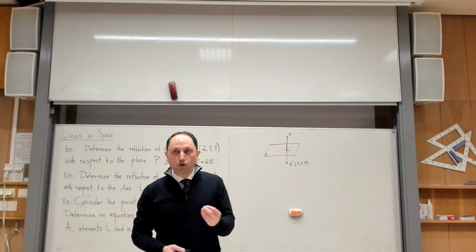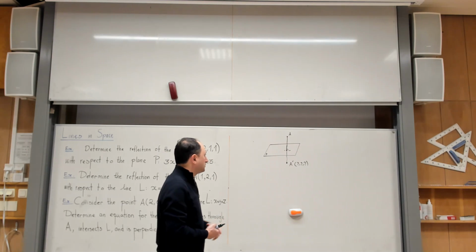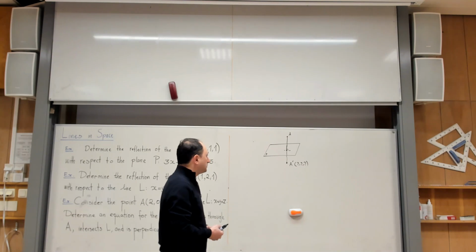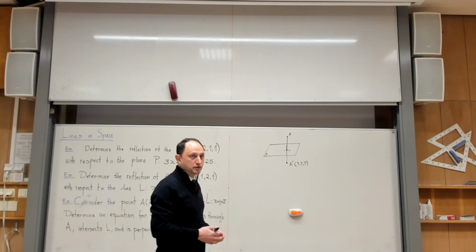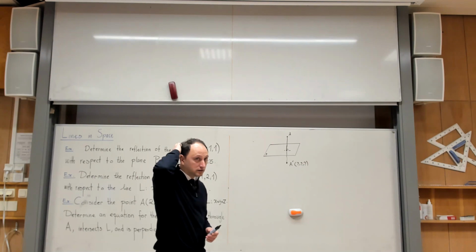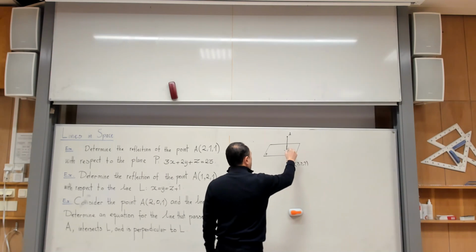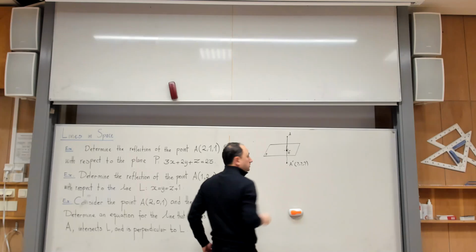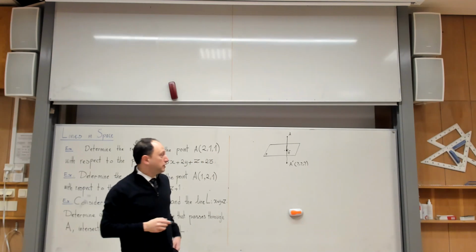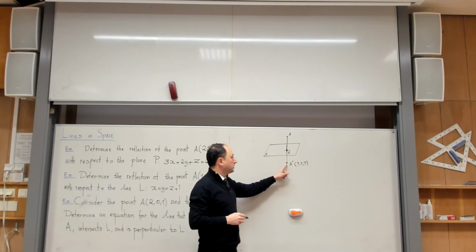But what is the core? If I want to find A prime, I would focus on finding something else first. What is that? I will try to find the coordinates of this intersection, H. Because if I know this, then I can find A prime. How?